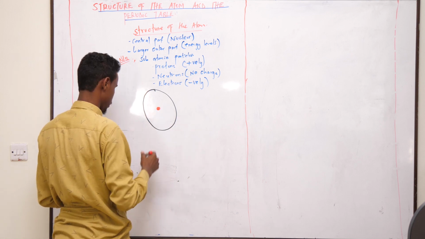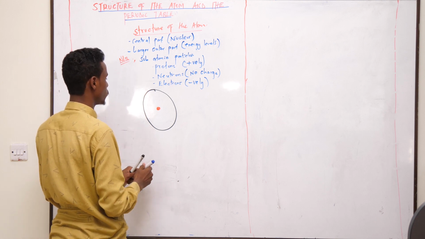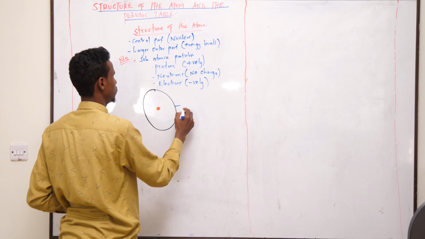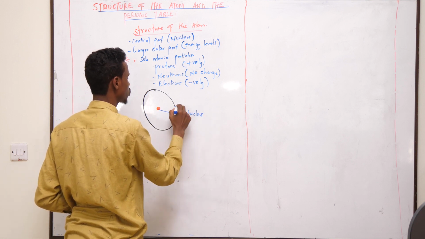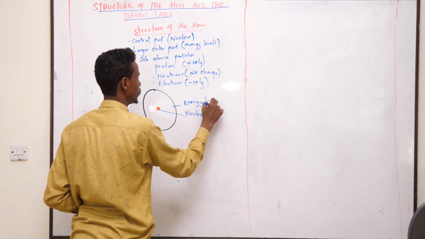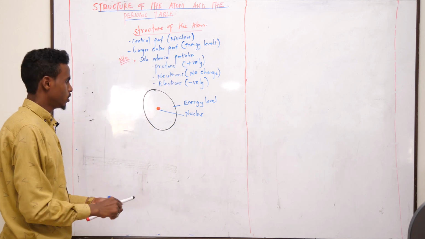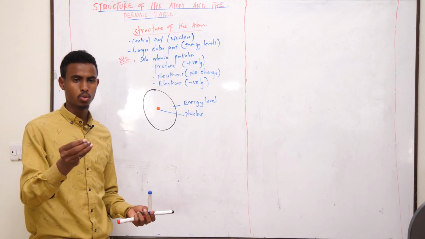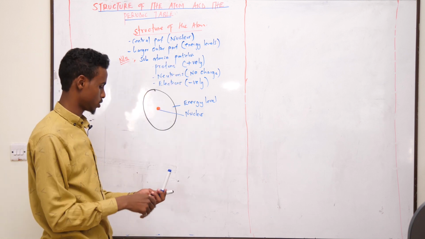Now, this is the nucleus. And we also have the outer part surrounding the nucleus, that is called the energy levels. Another important thing that you need to understand is the location of these subatomic particles.